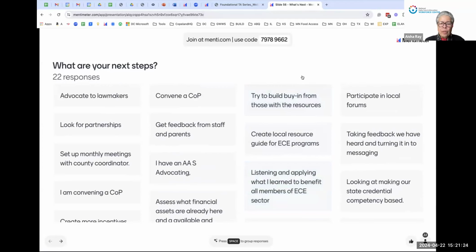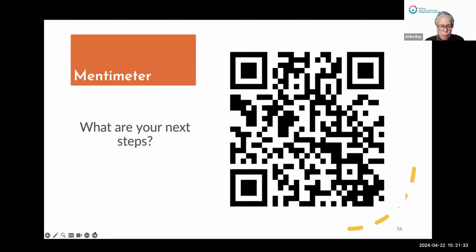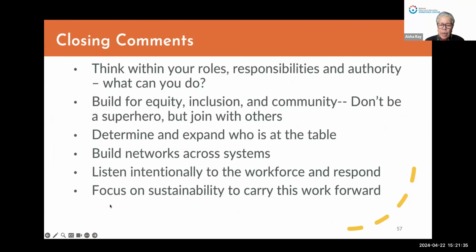We want you, as you move forward, to think within your roles, responsibilities, and authority. What can you do? We want you to build for equity and inclusion and community. Don't be a superhero, but join with others. Remember, this is not work that one person can do. We've shown that in our field repeatedly.